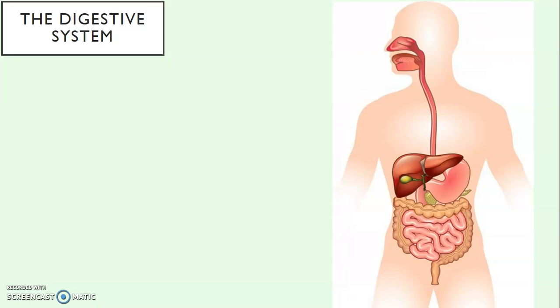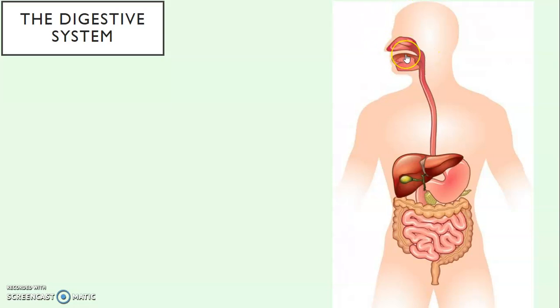I'll put a blank copy for you to use in Teams, and there is also a copy of the PowerPoint that we're going to go through with some extra information, so feel free to open that up and use that when we're doing this. So once you've got your labelled digestive system, what I would like you to then do is annotate it with the key roles. So we're going to go through each of them, make sure you know what the organ is and what the role is.